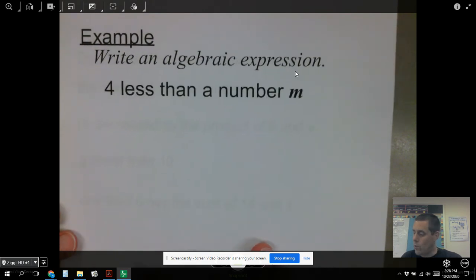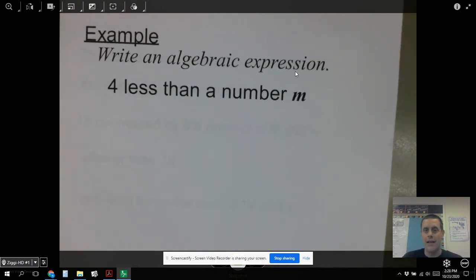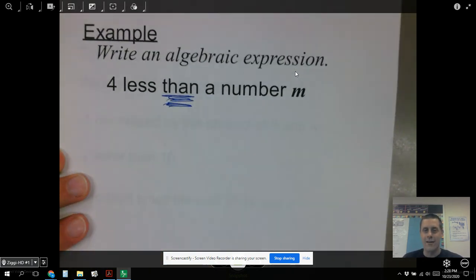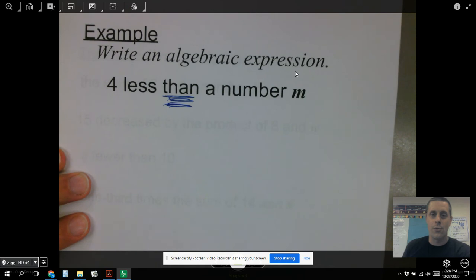All right, we got one more example, I believe. 4 less than a number m. Hopefully you're getting familiar with these, and I hope you notice an important word right out of the gate. Than. Do you remember what it means as soon as you see the word than in an expression?